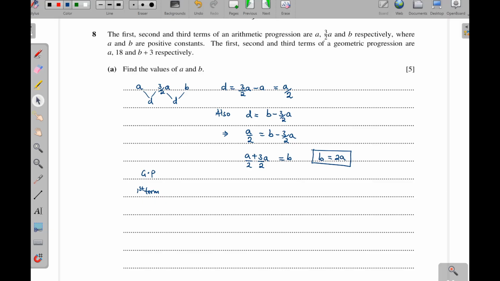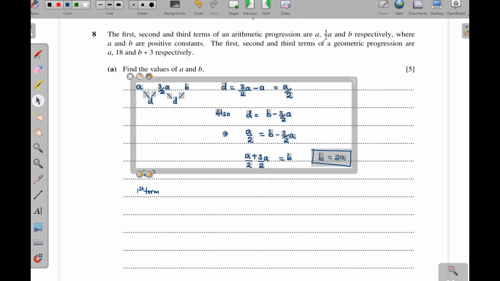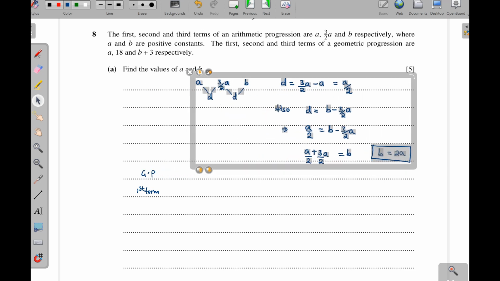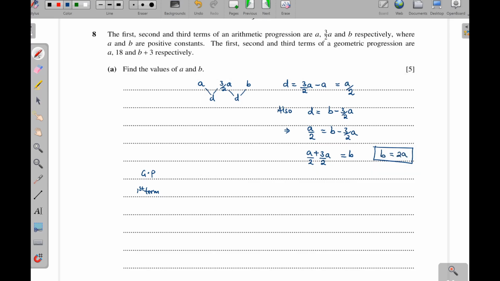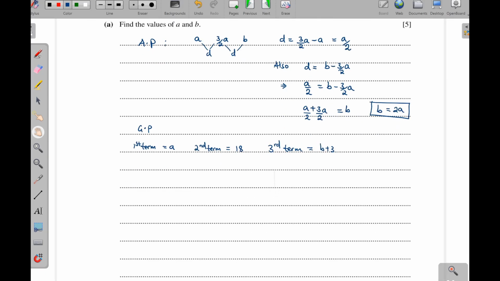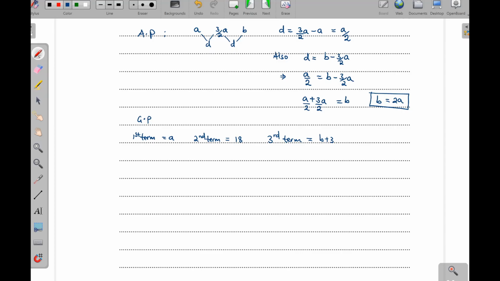A GP. Now, first term is equal to A, then the second term we are given 18, and then the third term we are given B plus 3. Now, this one here is given by AR, and this is AR squared.